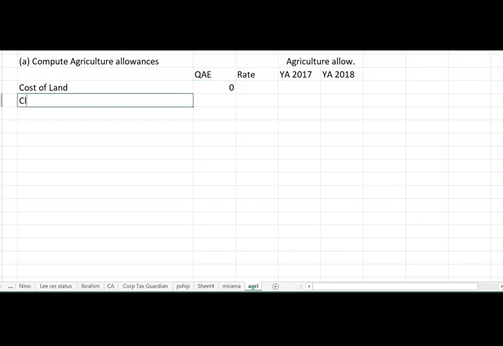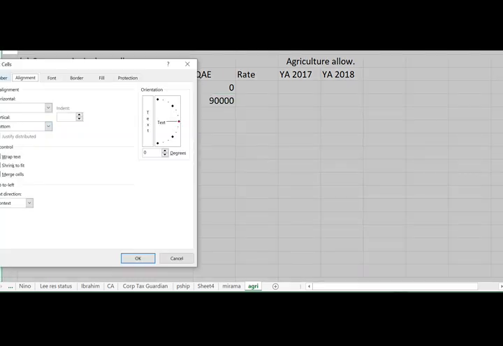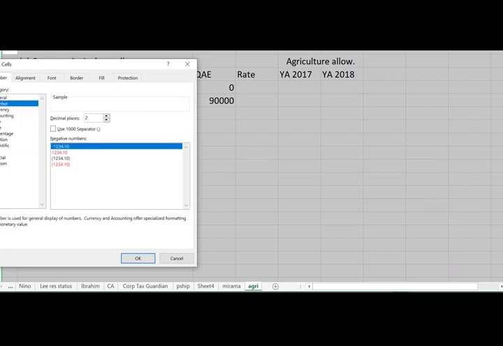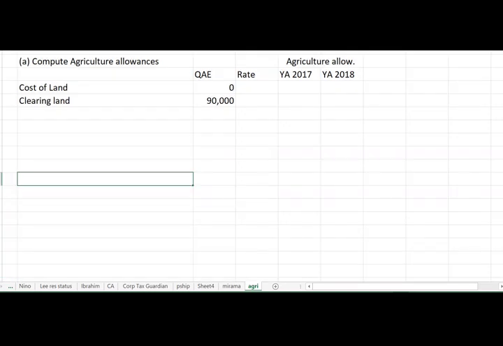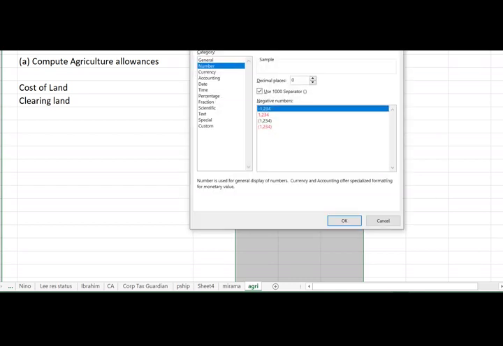Okay, then go on. It says clearing land. And the amount given is 90,000, right? Okay, let me just set my number to no decimal and use separator. Okay? 90. Okay, what rate do you apply? 50%, right? Okay, sorry. For percentage, I need to have 2 decimal point.